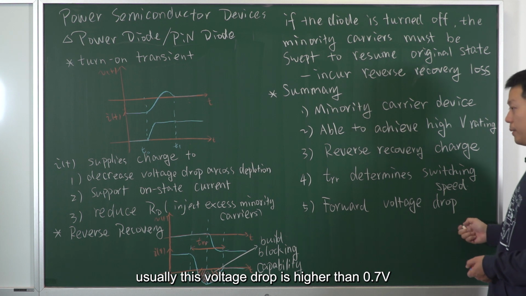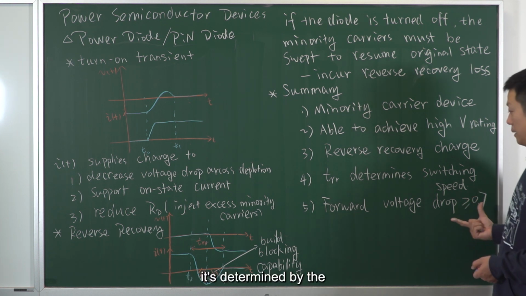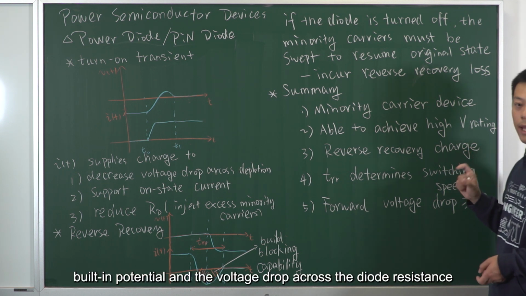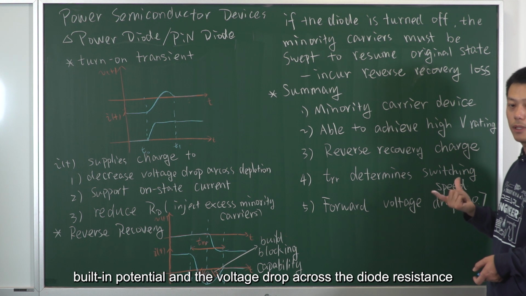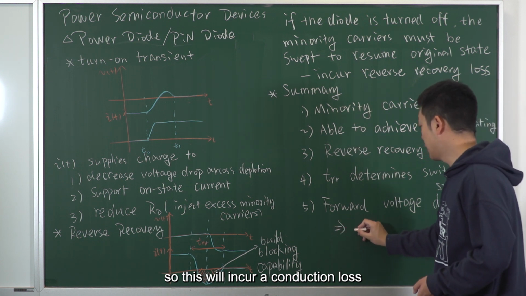Usually, this voltage drop is higher than 0.7 volt. It's determined by the built-in potential and the voltage drop across the diode resistance. So this will incur a conduction loss.